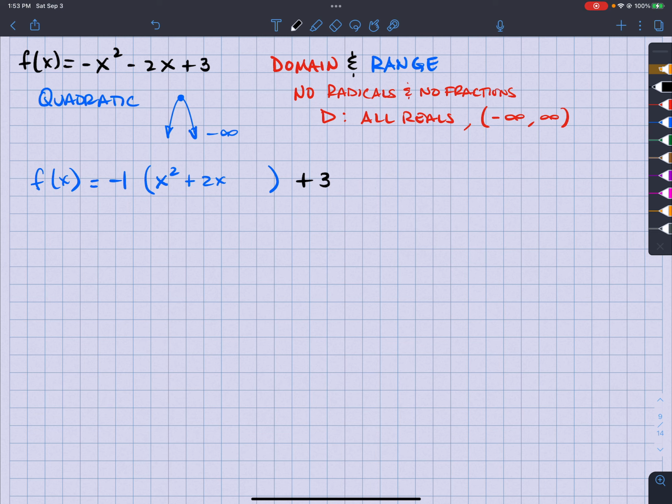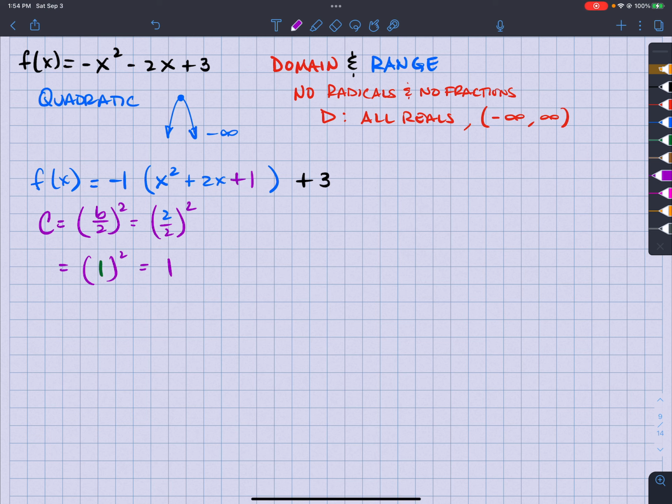So here I have to find a new c. I have to find a new c, and the c is b divided by 2 squared, which in this case is going to be 2 divided by 2, which is one squared, which is equal to 1. So I have to add 1 here.